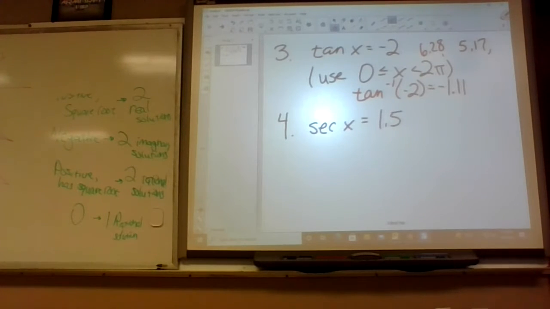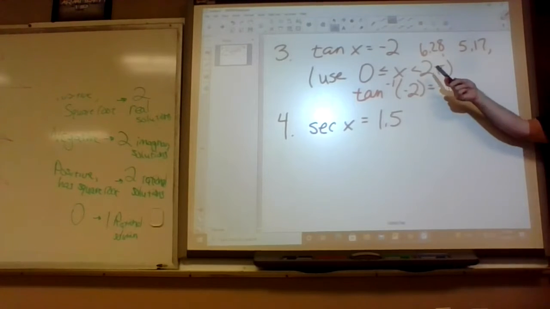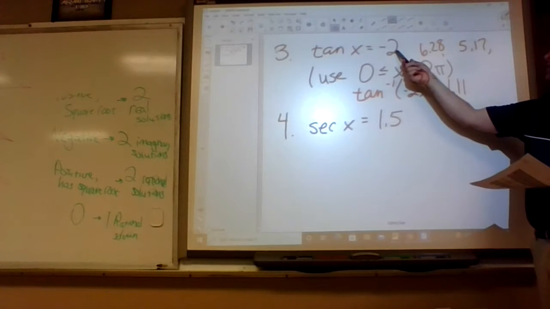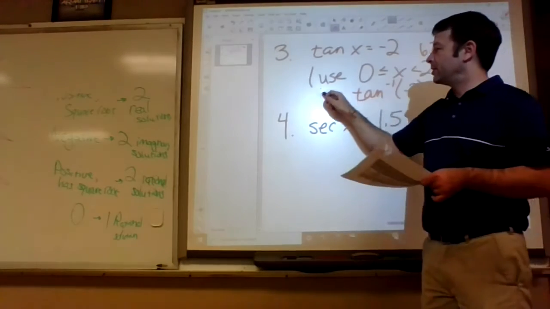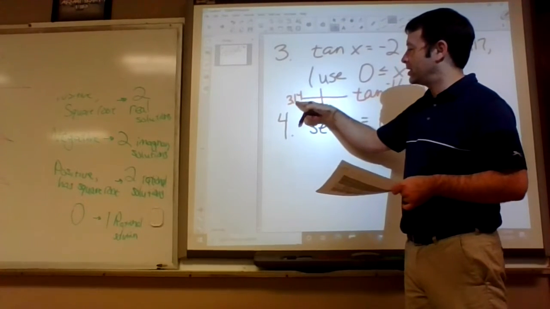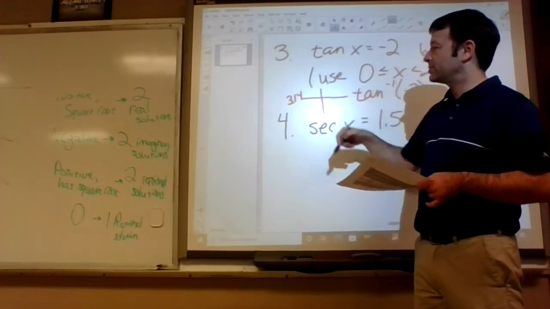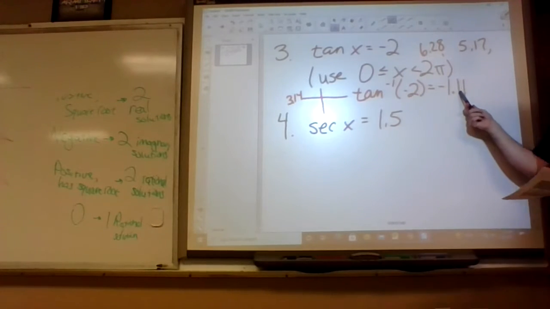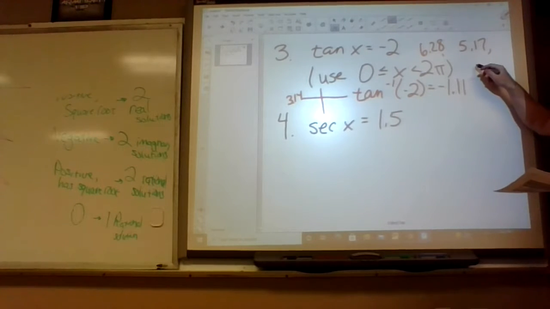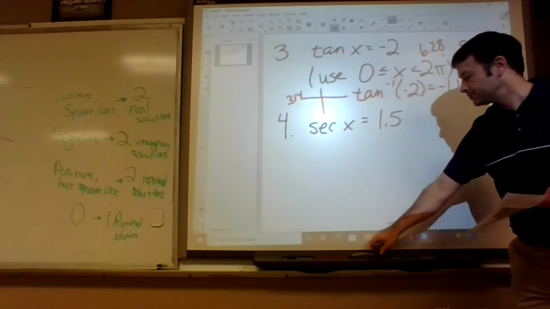That is a 4th quadrant angle. 1.11 is going to be our reference angle. What other quadrant is tangent negative in? Is it the second quadrant? Second quadrant. Good job, Jack. So in quadrant 2, instead of 180 minus the reference angle, we do 3.14 minus the reference angle. So 3.14 minus 1.11 is 2.03. Yeah, that's what I got.